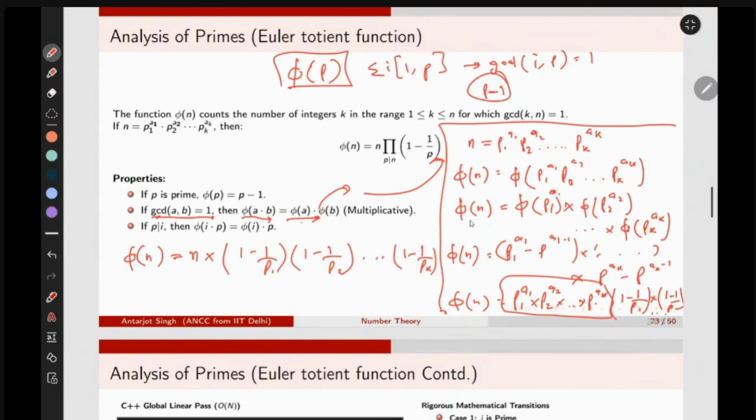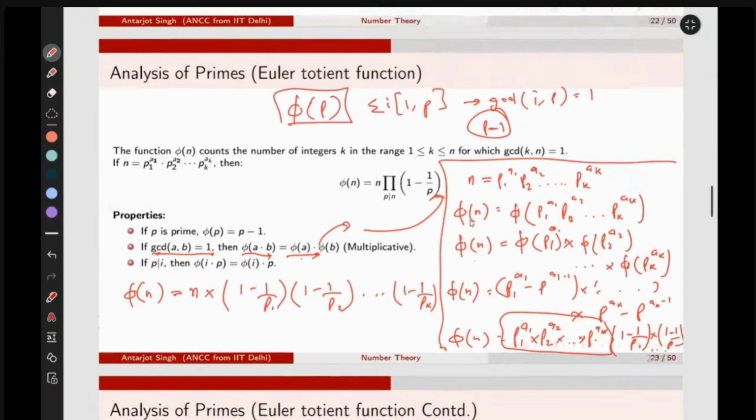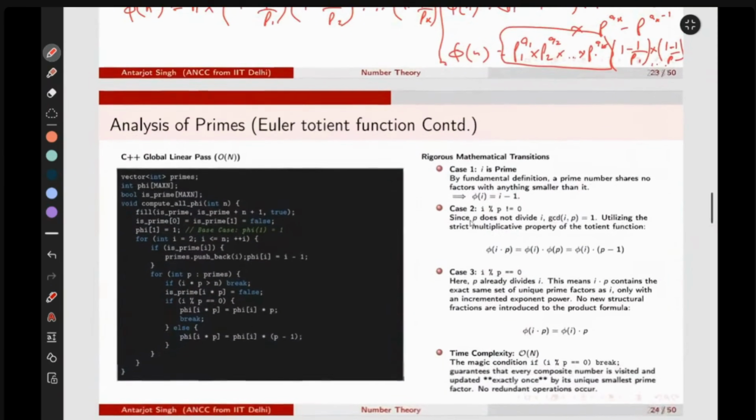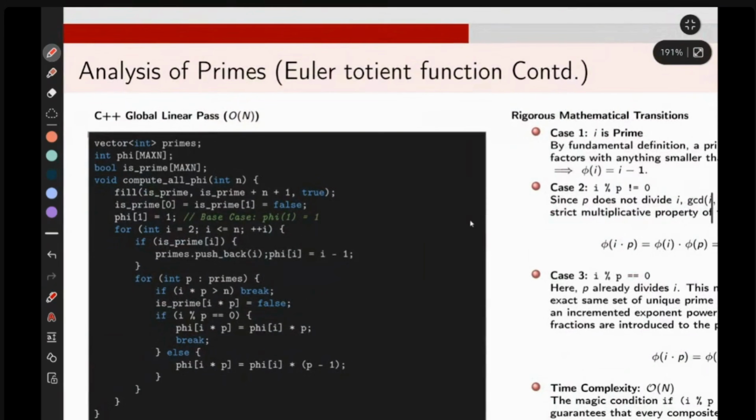So we derived how to calculate the numbers that are co-prime to n, from 1 to n. So here is the code of Euler-Totient. How do we calculate this?